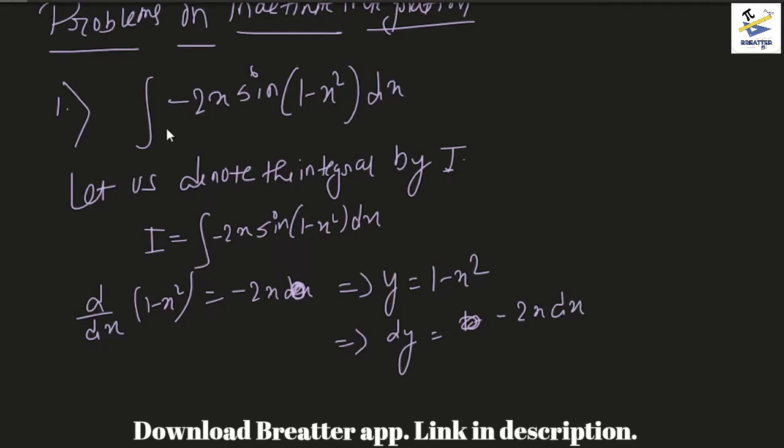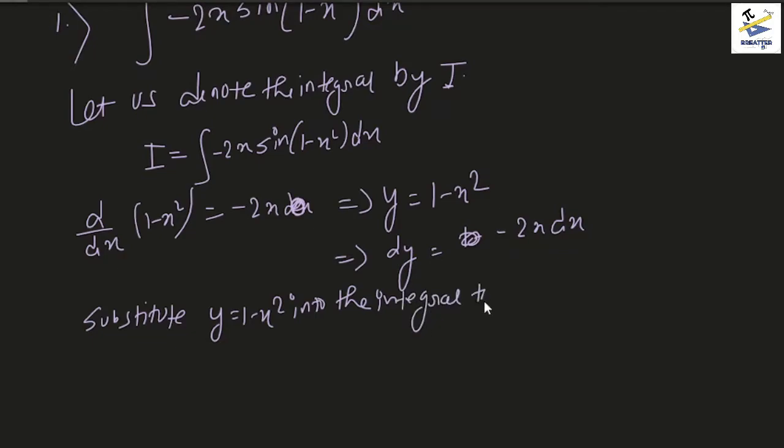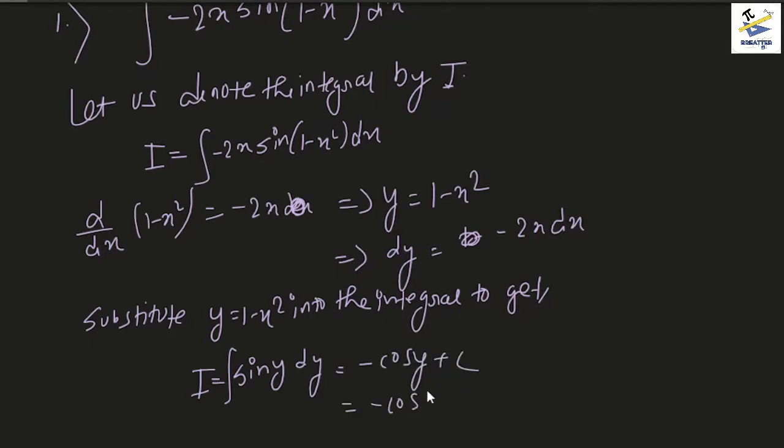So dy is minus 2x dx and y is 1 minus x square, which we can substitute in the integral to get I equals the integral of sine of y dy, which we already know as minus cosine of y plus c, and we can substitute back the answer, which is minus cosine of 1 minus x square plus c, which is the answer for this integration.